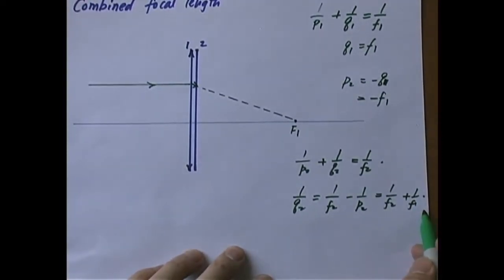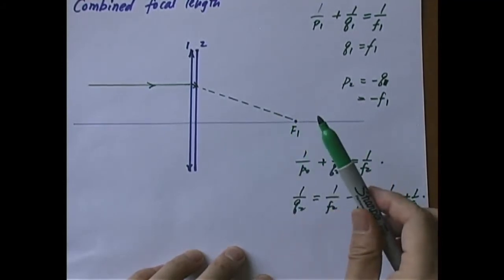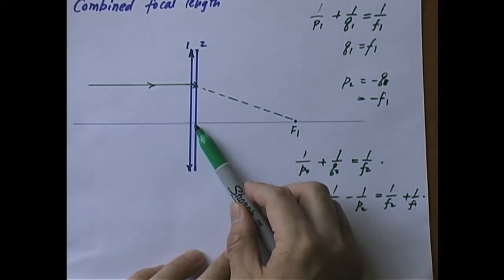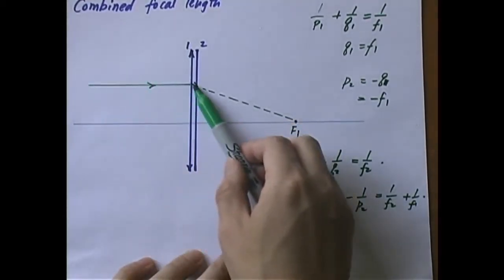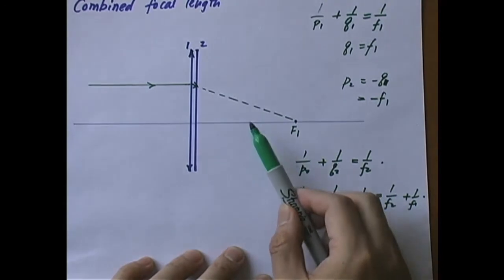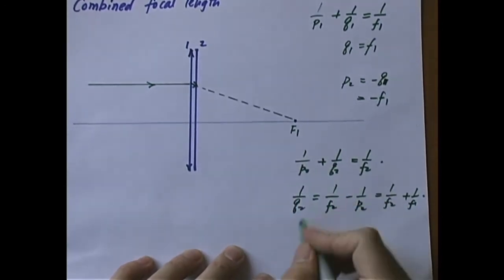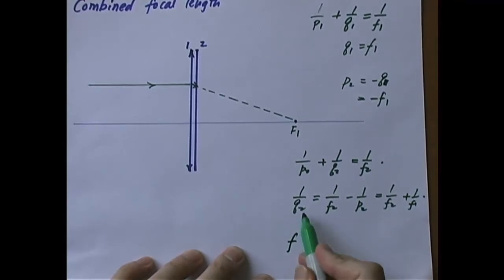What's Q2 anyway? Q2 is the distance between the final image and these two lenses. This is where the parallel beam will eventually end up on the optical axis. By definition, that is the final focal length. So F is really just Q2.